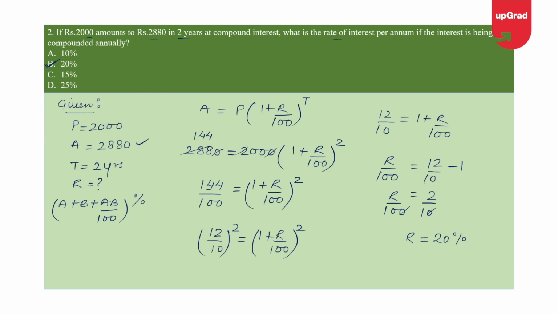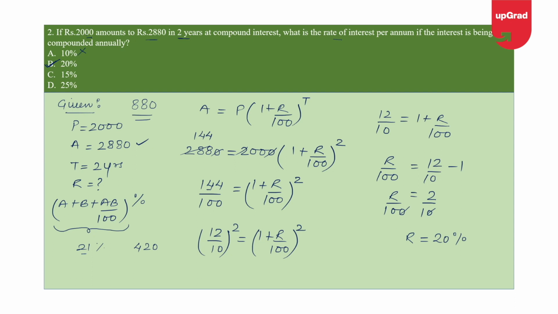I know that 10% and 10% according to successive percentage is 21%. So 21% of 2000 will give me only 420 rupees. But the difference between 2000 and 2880 is 880 rupees. Therefore, my first option, that is 10%, is incorrect.